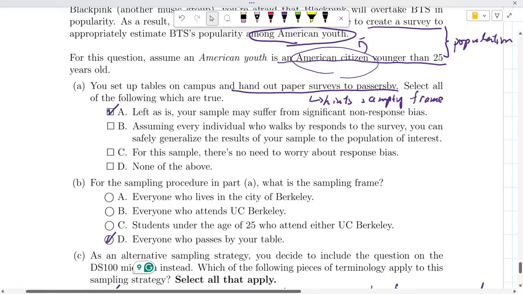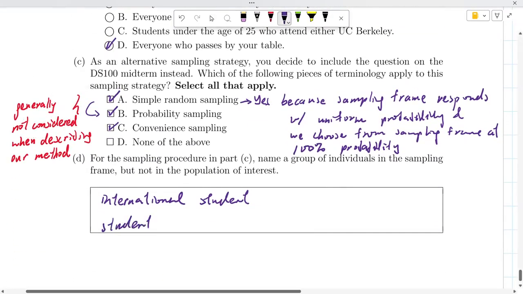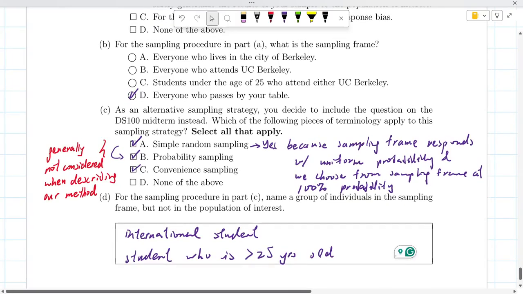Or you can take the midterm but not be younger than 25 years old. So you can be a student who is more than 25 years old. Okay, hopefully that finishes up the question.